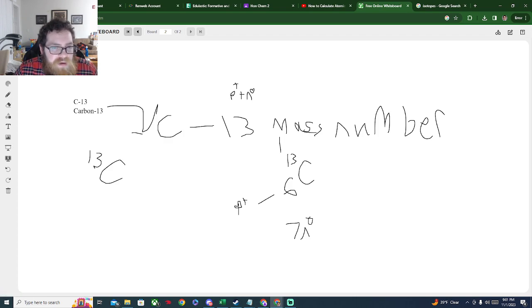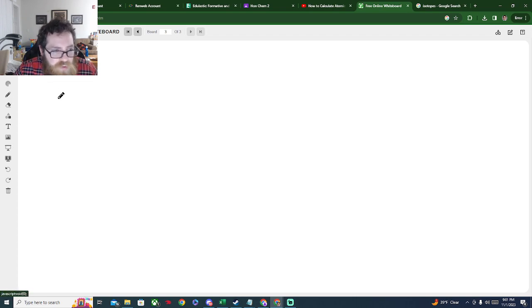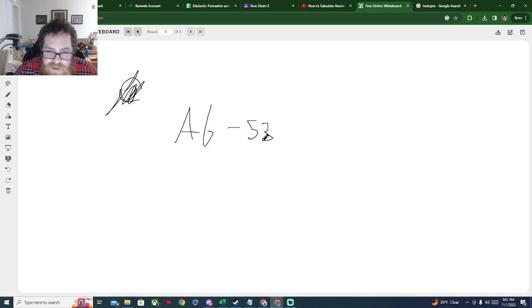The last thing I'm going to cover is the atomic mass calculations. So let's invent an element. Let's just say AB 53, AB 52, and AB 55.